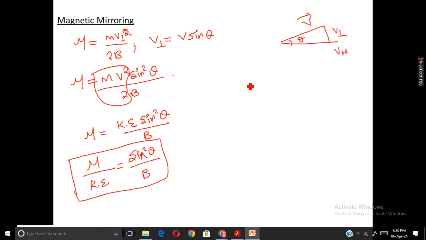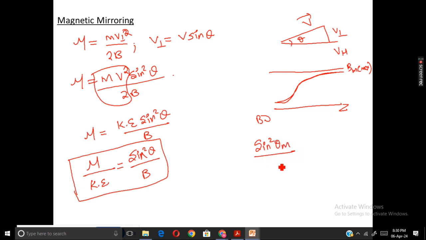Here theta is theta 0 and this is B m, the maximum. At z equal to 0, the magnetic field was found to be minimum, and as we go along, the magnetic field was found to be increasing. So sine square theta m by B m is equal to sine square theta 0 by B 0.